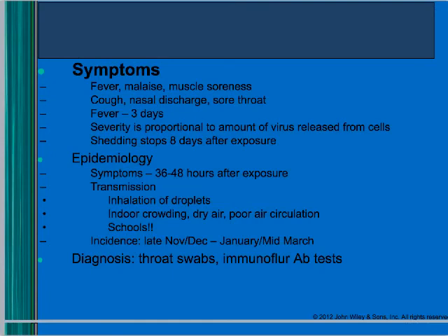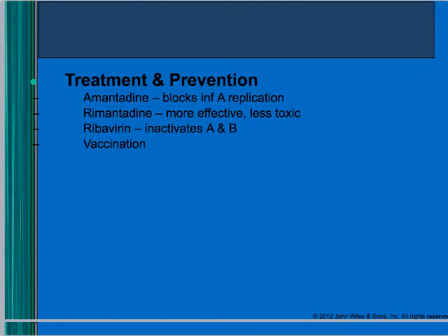To diagnose it, they'll do throat swabs and some antibody tests. Vaccination is a way to try to prevent it, and preventing it is what we have right now. They try to predict what strain is going to be out there. There are some antivirals that they can try to give you to help, but they don't always work the best.